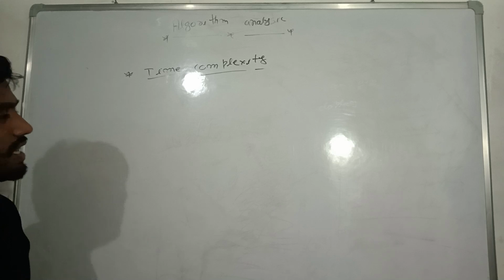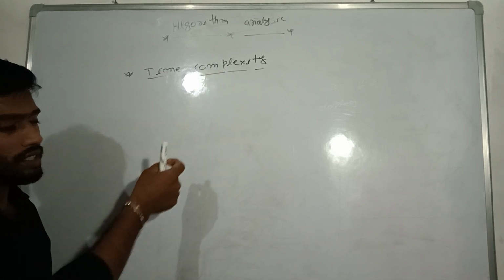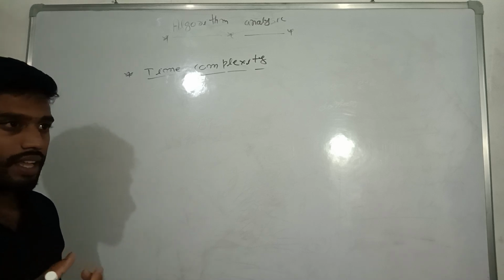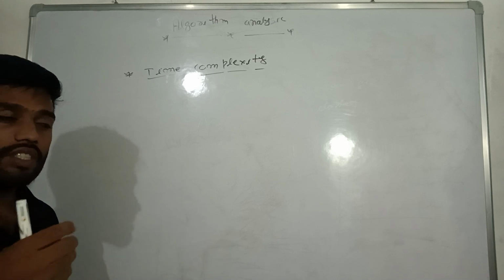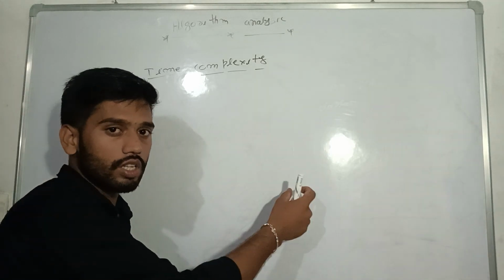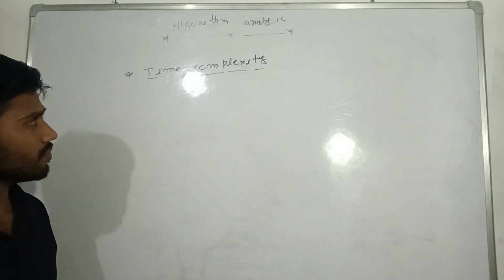Asymptotic notation calculates, in a mathematical way, the time complexity, the time taken by the algorithm.